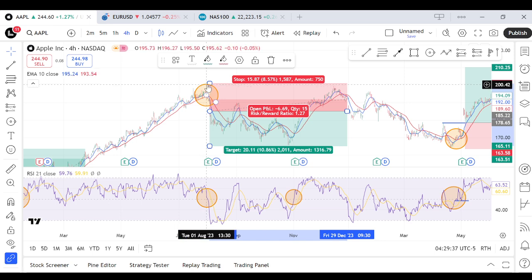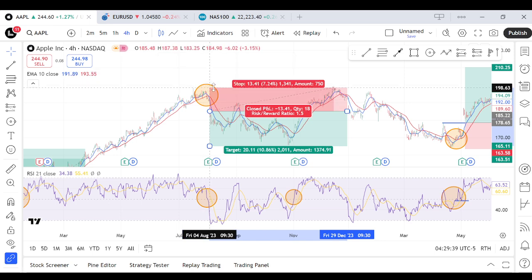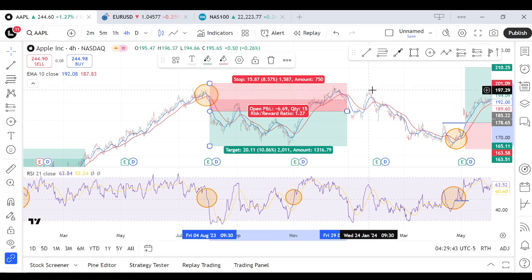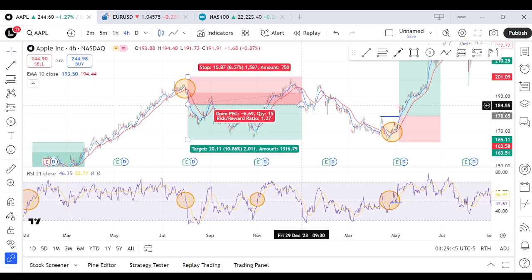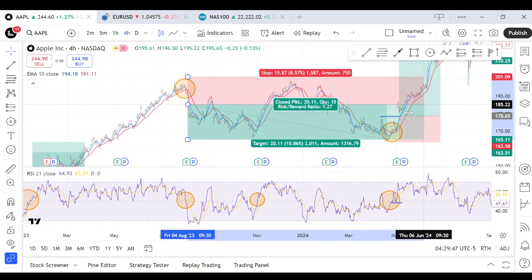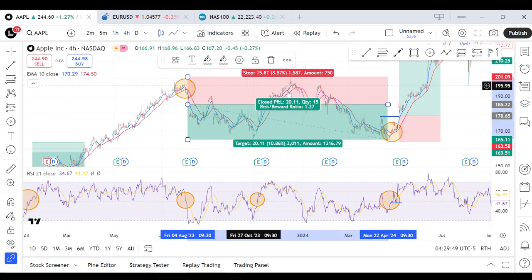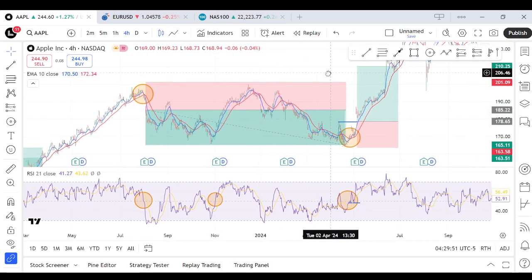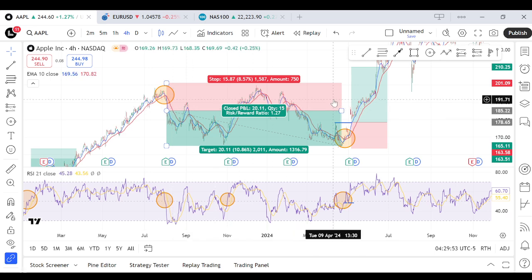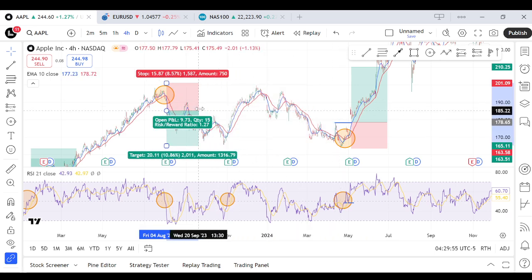So you don't set your stop loss at exactly the swing high. You could just give it a little room to breathe. I just extend this, and you could just see as the market went down after our signals. Now this was for this setup.